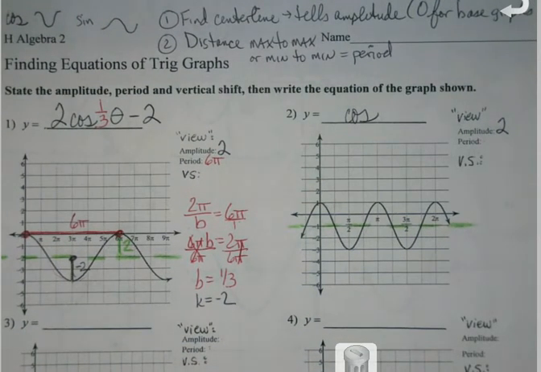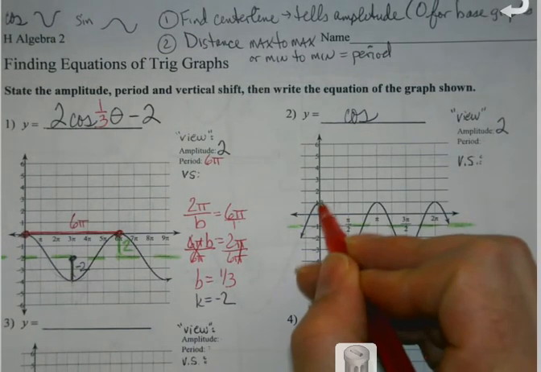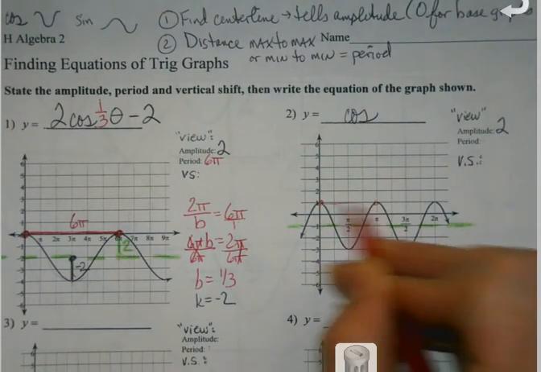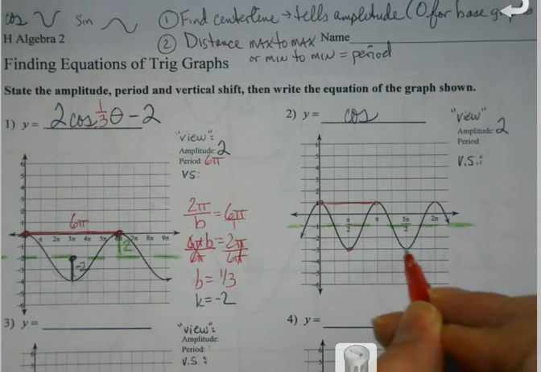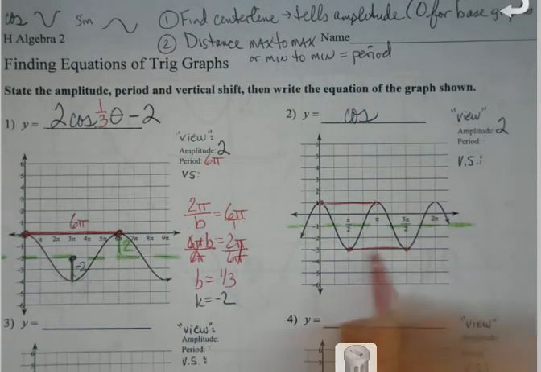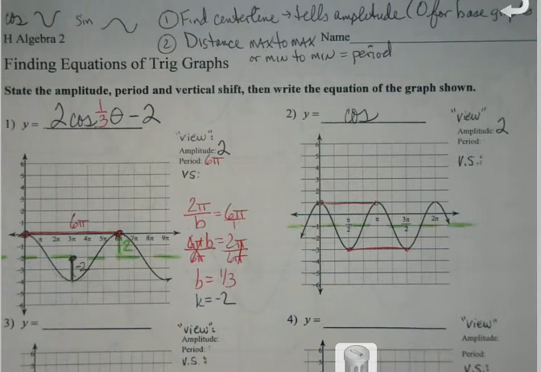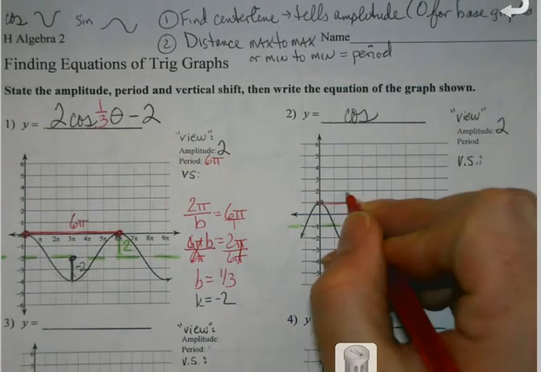So I get my amplitude and I say, okay, my period, and again, I can go max to max, or I can go min to min. Either way, what's the distance on my period this time? Okay, pi.